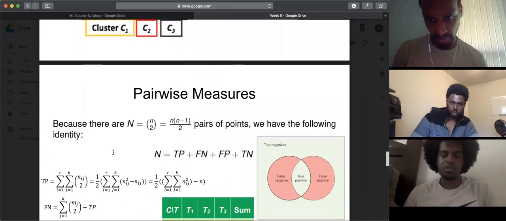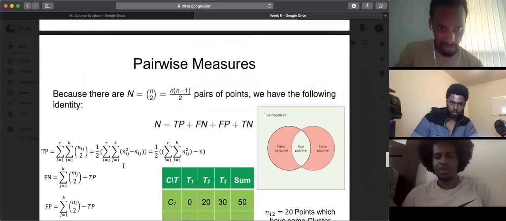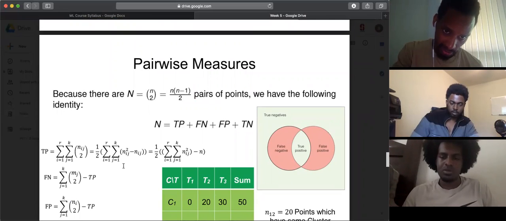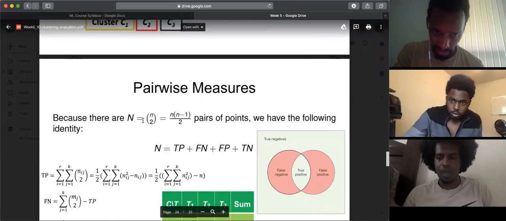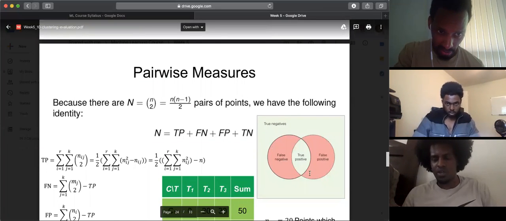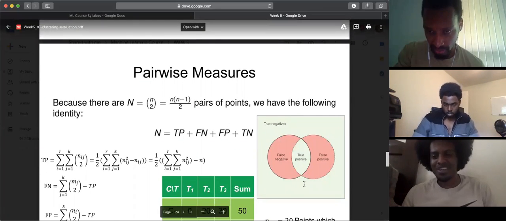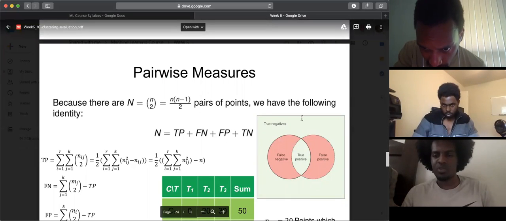Okay, so pairwise measures. Here you're figuring out true positives, false negatives, false positives, and true negatives, and that is the sum of the event space. If we look at this Venn diagram, you see the whole event space of true negatives, and then you have false positives and false negatives, and then the overlap is the true positives.